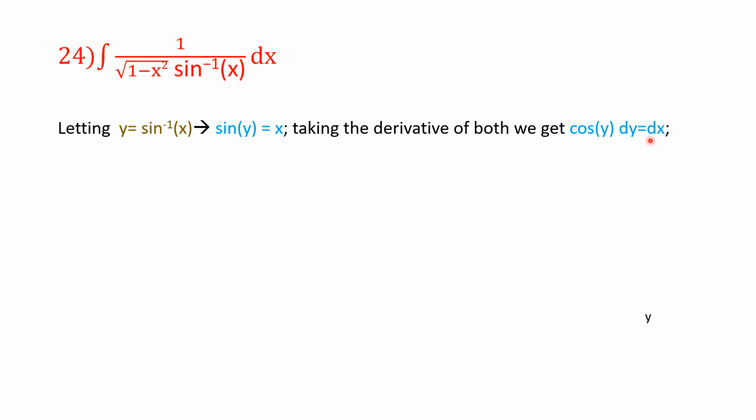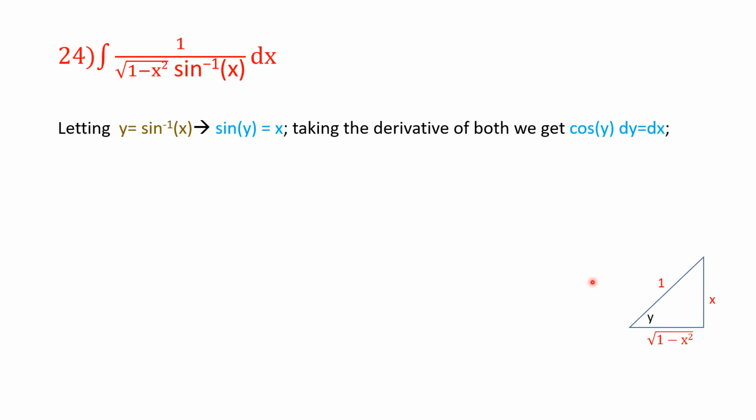Now we will need a triangle to help us with this. This is our triangle. This is the angle y. So we said y equal to sine inverse of x. That means sine y equal to x.